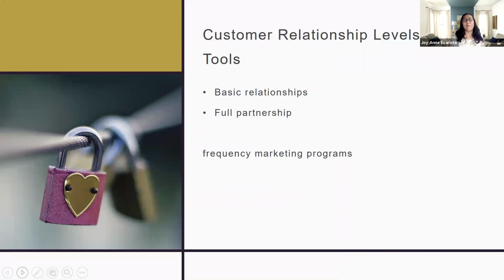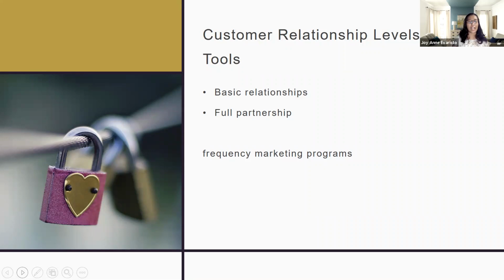Okay, so with that, there are different strategies wherein companies are building customer relationships, and there are also different levels of customer relationship. We have basic relationship and we have full partnership depending on our target market. Remember, each company has a different target market, and even one company has different markets.